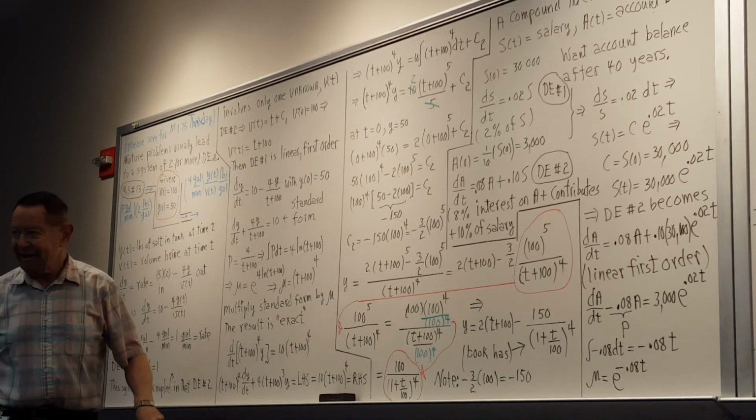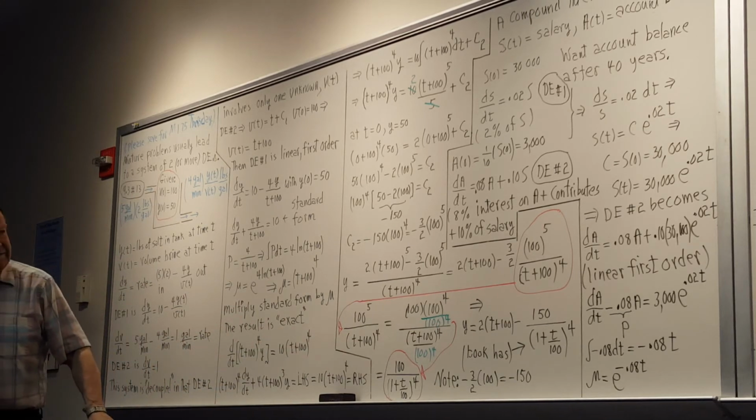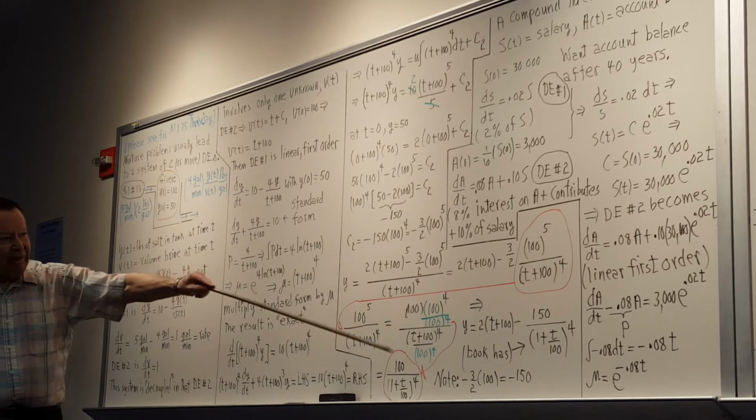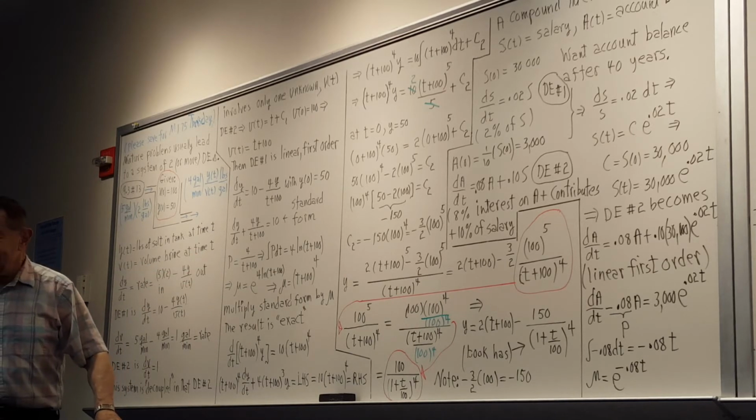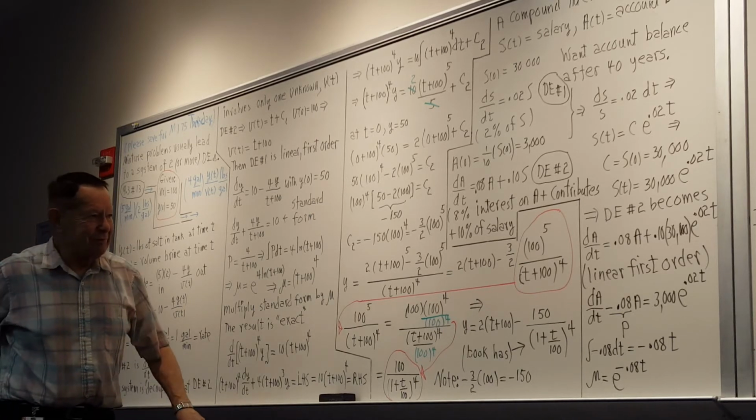That's the way the book has it. So sometimes you can waste a lot of good time doing hard old-fashioned algebra, but that's what they did. Okay, for better or worse.